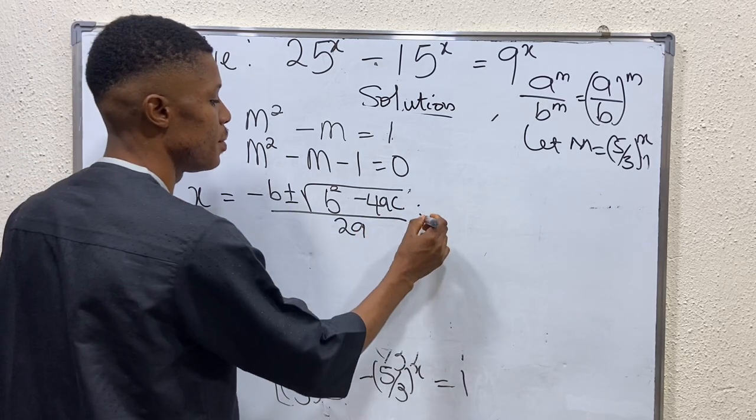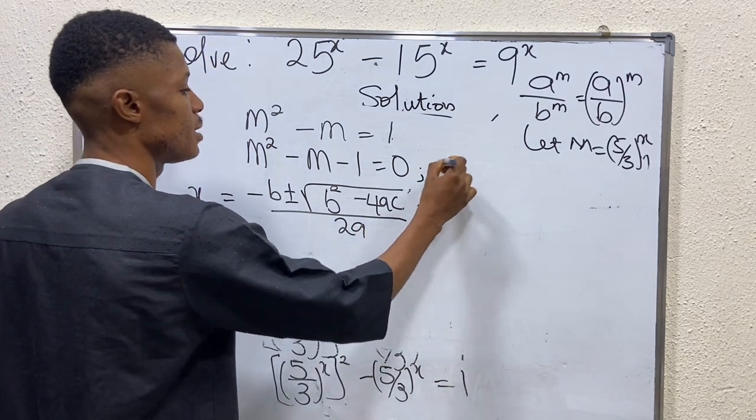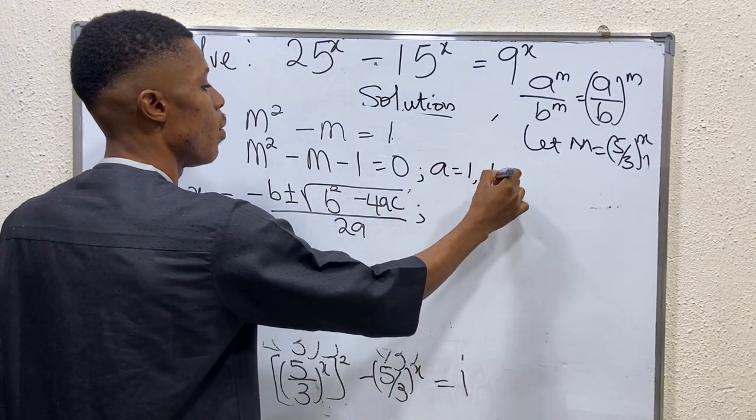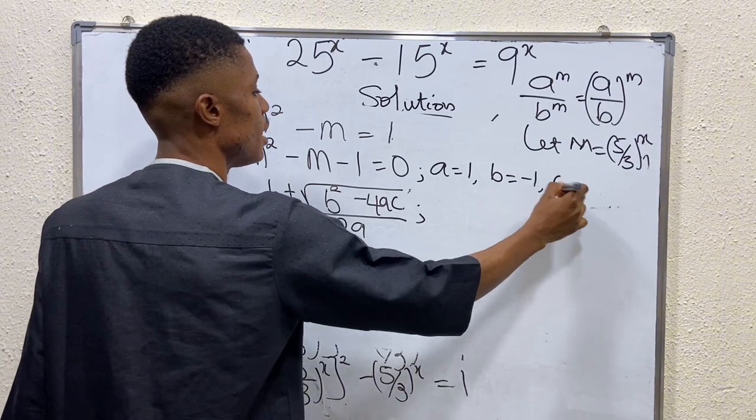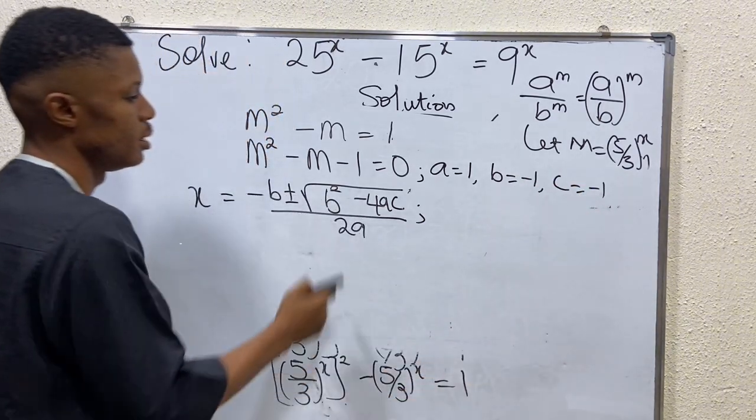So this will now be that our a is 1, our b is minus 1, and our c is minus 1.